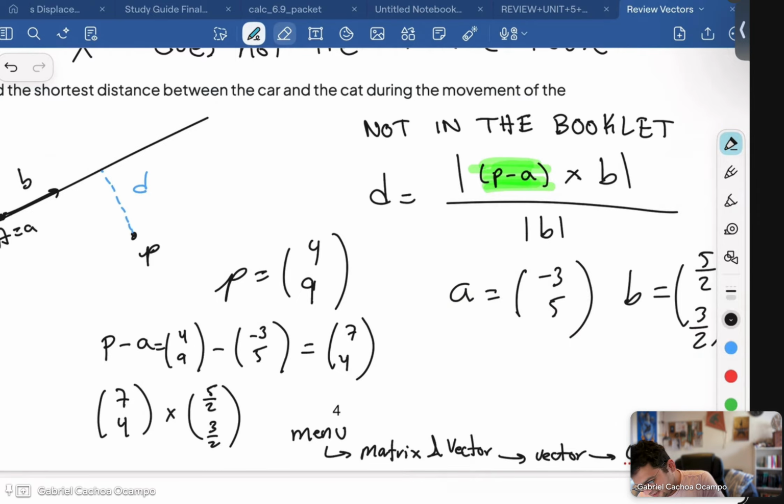Then, how do you input it into the calculator? It is like cross B, and remember to put your vectors. To put vectors into your calculators, we use square brackets. 7, 4, 5 over 2, 3 over 2, and that will give you an answer.